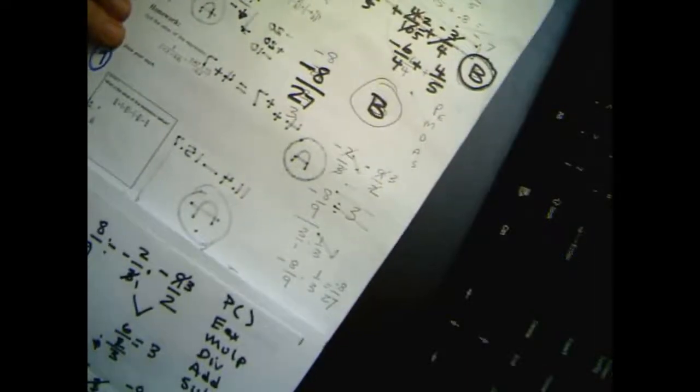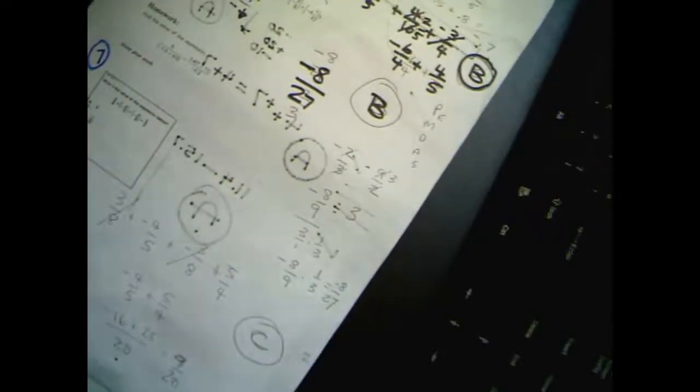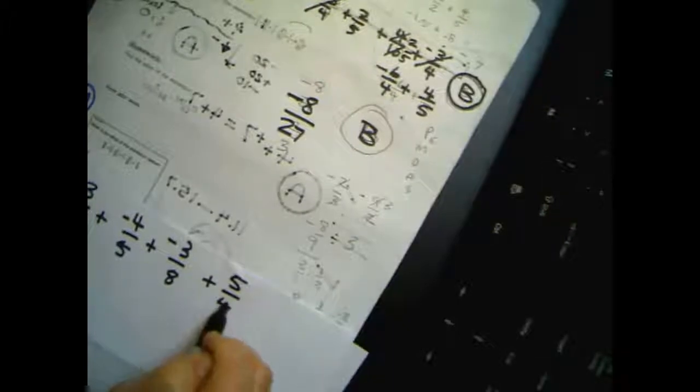Number 7. Again, some of these are really tricky looking additions. So if you look at this, I'm going to use my PEMDAS again. There's nothing to multiply. So rewriting this, I have 3/8 plus a negative 4/5 plus a negative 3/8 plus 5/4.